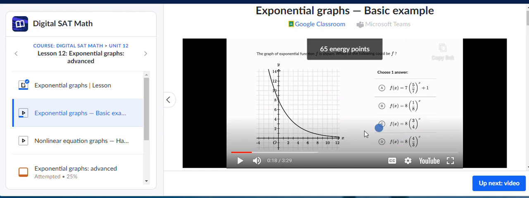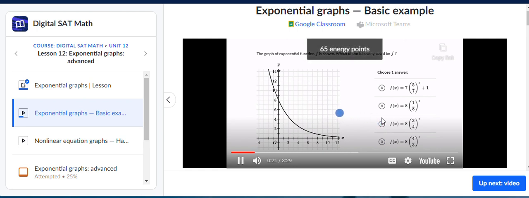At 1, the value should be 6. 8 times 1/8 to the power 1 is 1, which is not quite correct. 8 times 3/4 to the power 1 is 6. And the third one is correct.